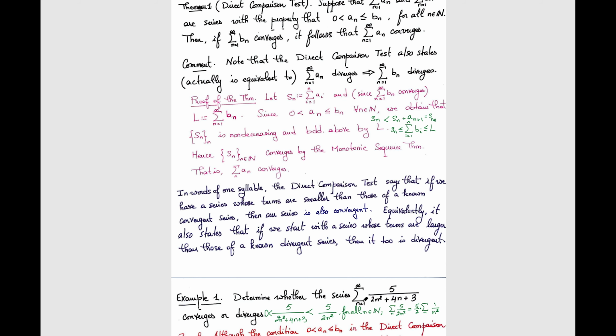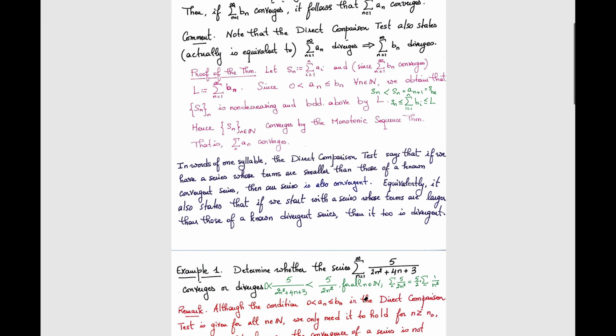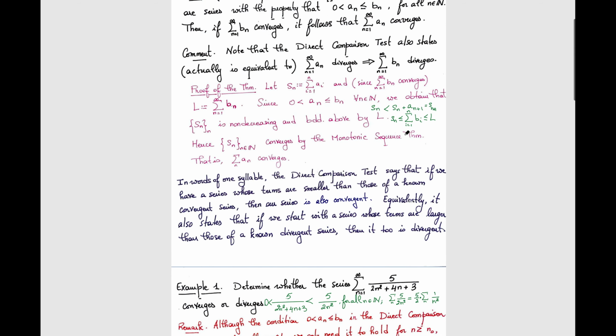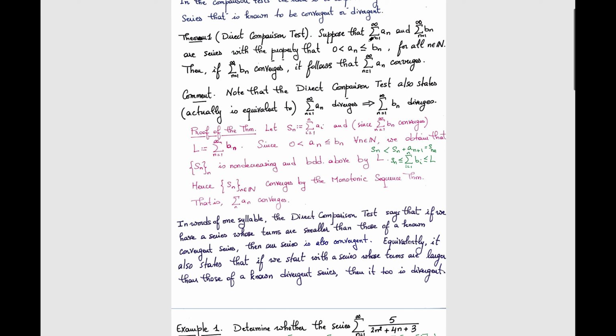Okay. All right. The red remark says the following: in the direct comparison test, this compound inequality here is written for all natural numbers n.